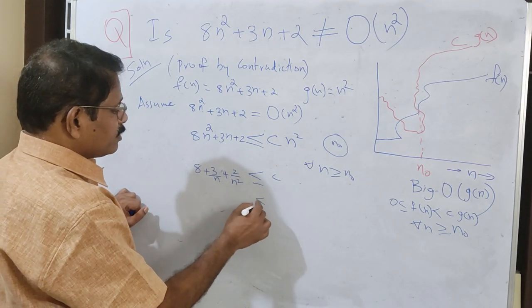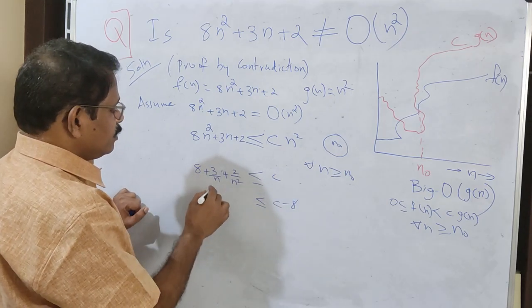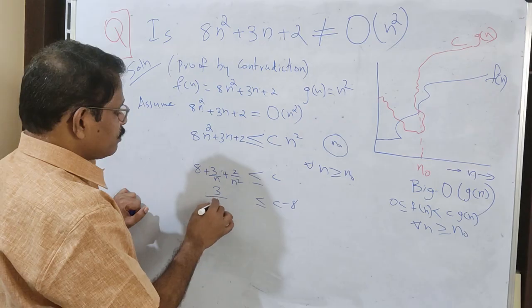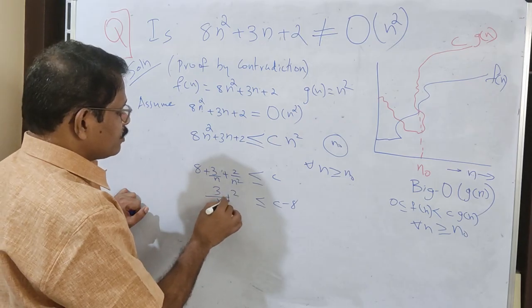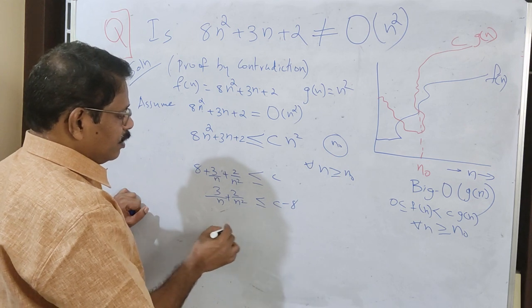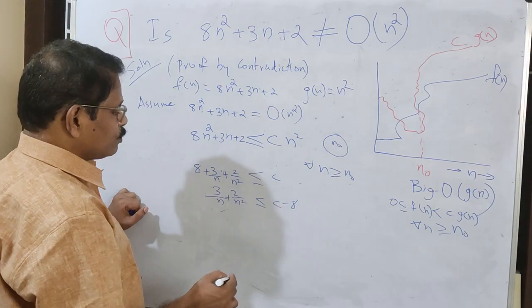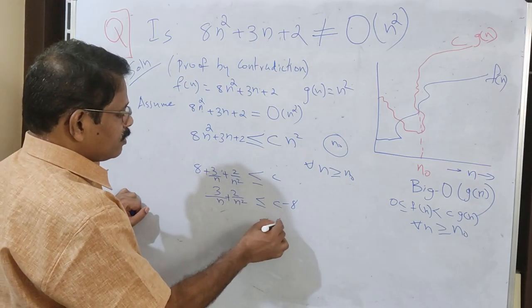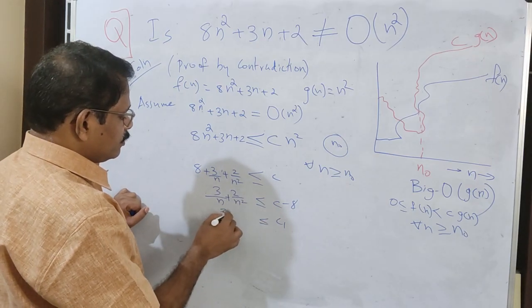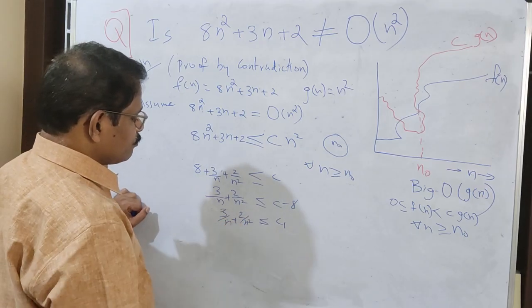Let us bring this 8 here, and on this side the LHS will be 3 by n plus 2 by n square. c minus 8 is a constant. Let us call it C1.